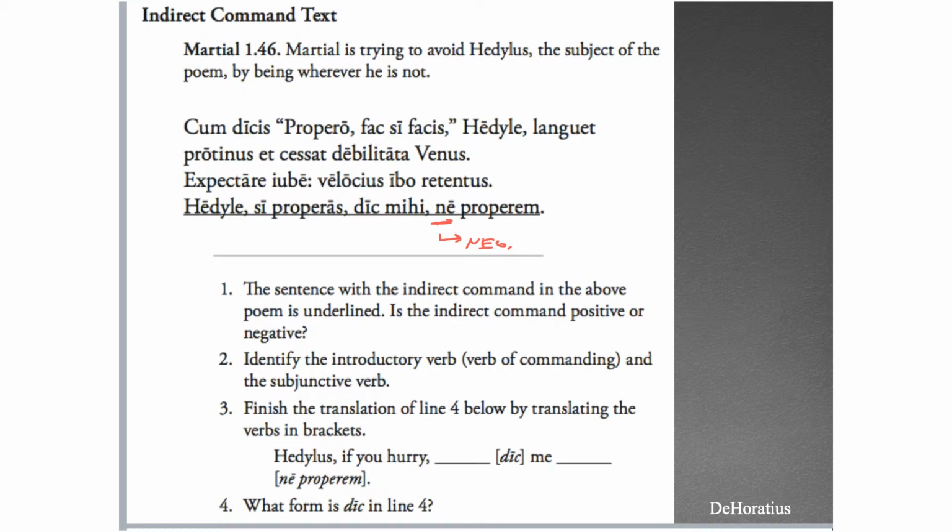That's going to be dic, tell me, dic mihi. And then finish the translation. So, Hedulus, if you hurry, tell me, and then how would you translate ne properam? Properam means to hurry. So Hedulus, if you hurry, tell me not to hurry. So there's our indirect command.